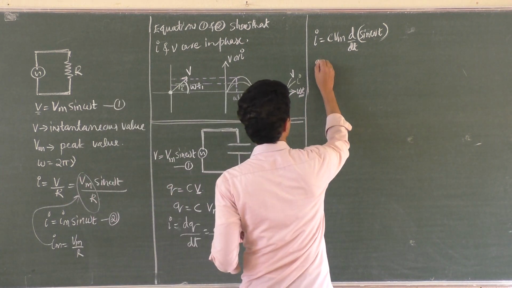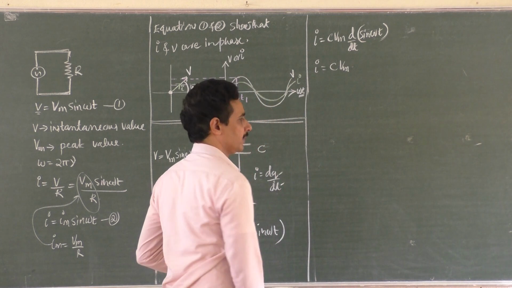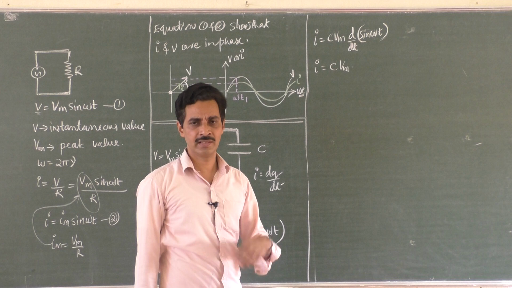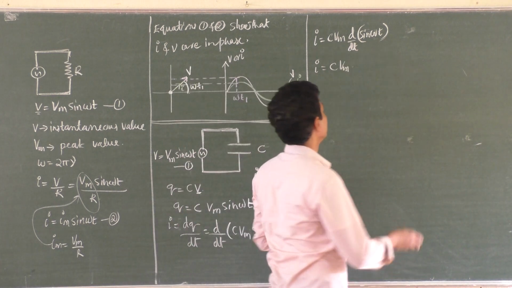I is equal to CVm constant, d by dt of sin omega t. d by d theta of sin theta is cos theta into differentiation of theta also, because here you have omega t, right?